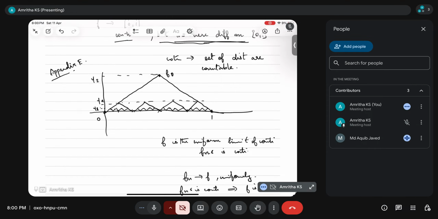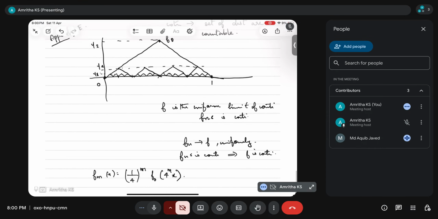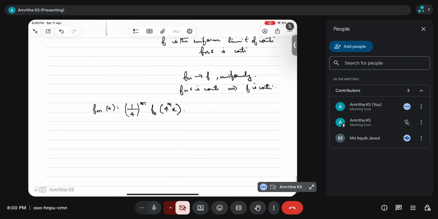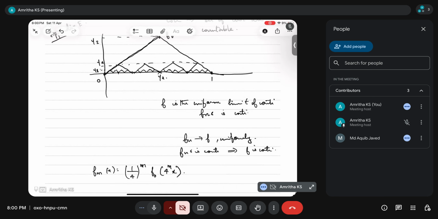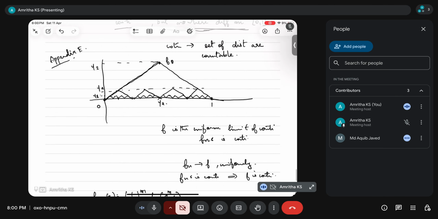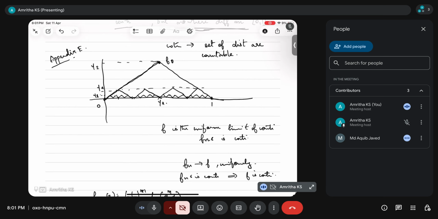So you are taking Fm equal to this, where F0 is a continuous function, like this big mountain. This is not differentiable at 1 by 2.